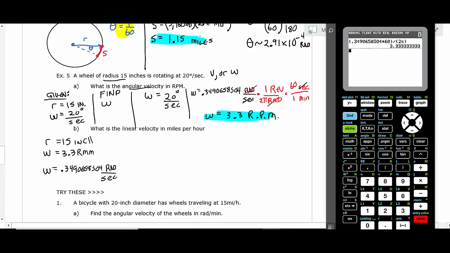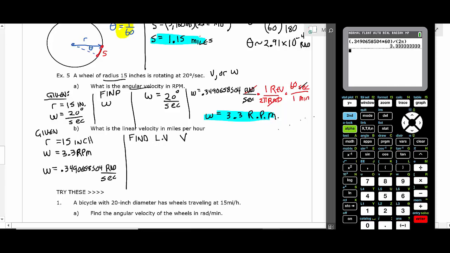So we had that. Okay, I think I meant to put RPM there. Okay, so that's kind of what we're given. Now we're going to find the linear velocity. So that means we're finding V.